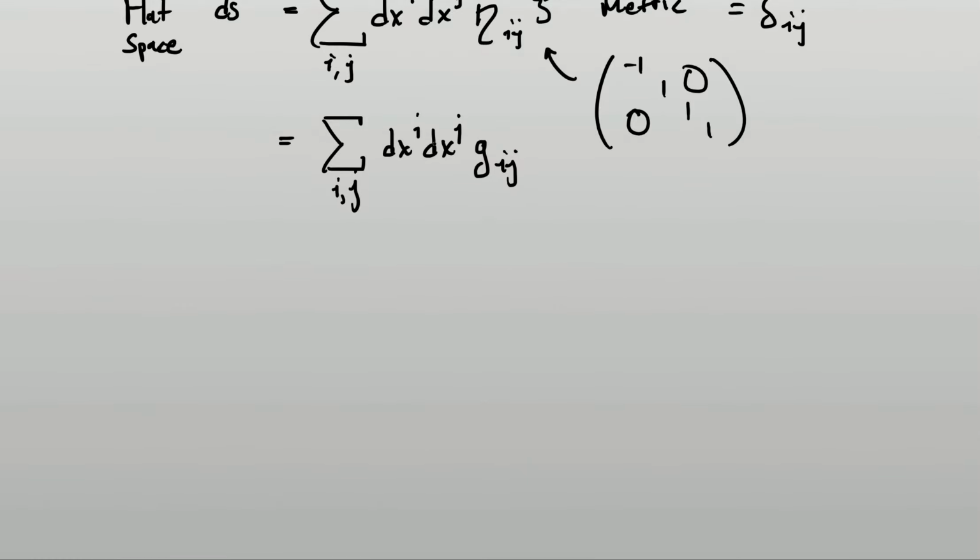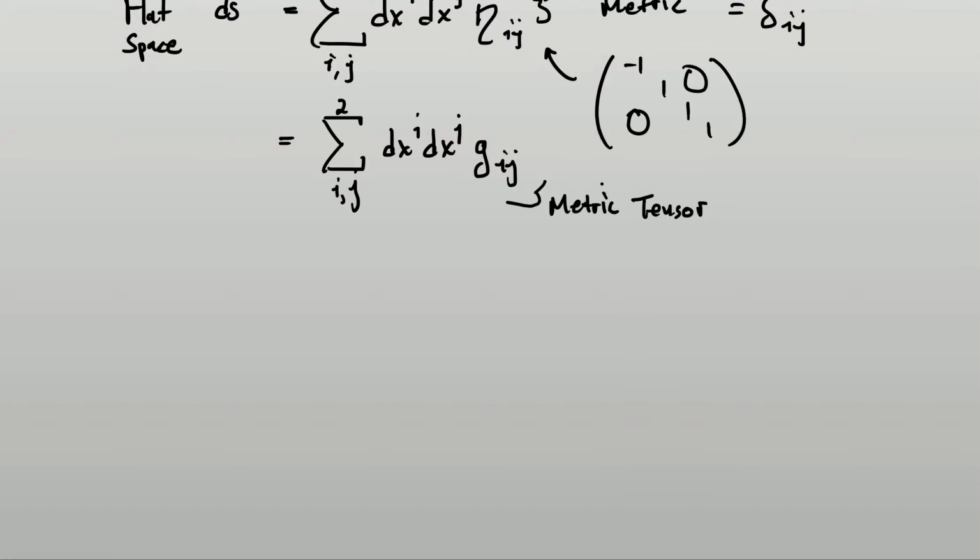And again, we're operating in two-dimensional space here. Again, we don't have to operate in two-dimensional space, but this right here is our metric tensor.